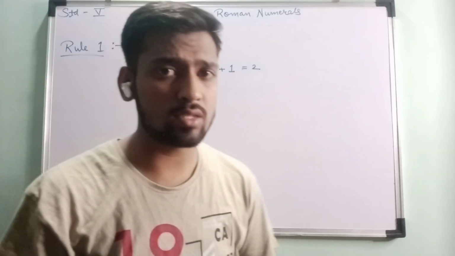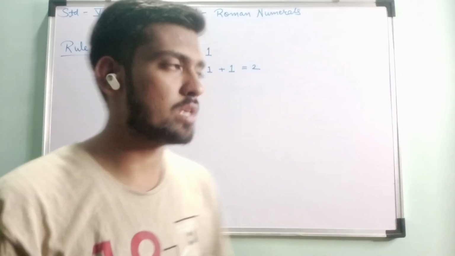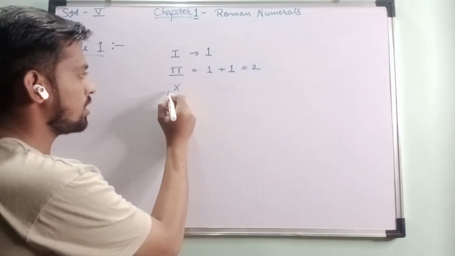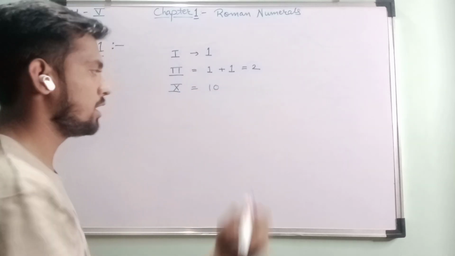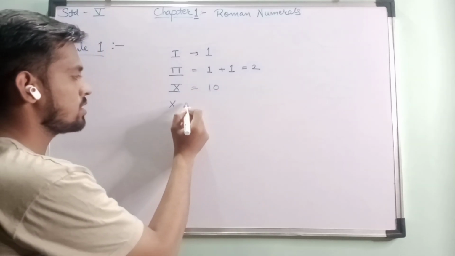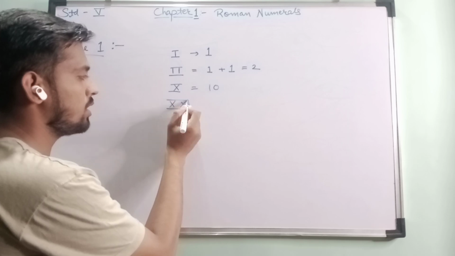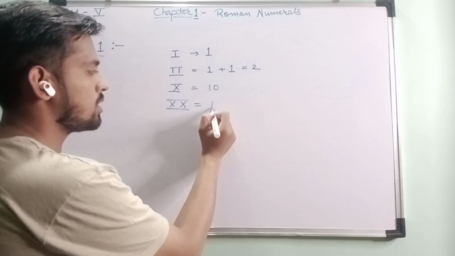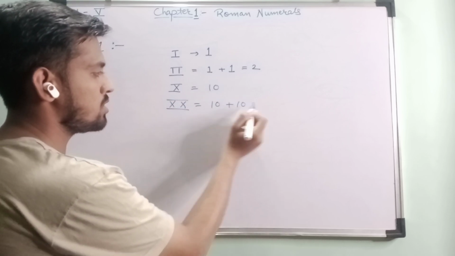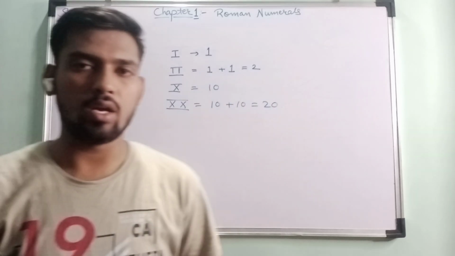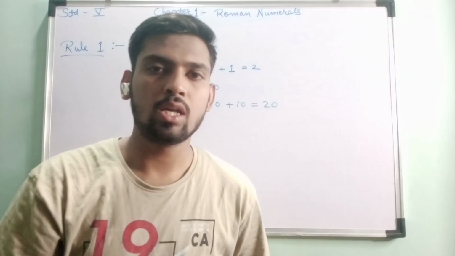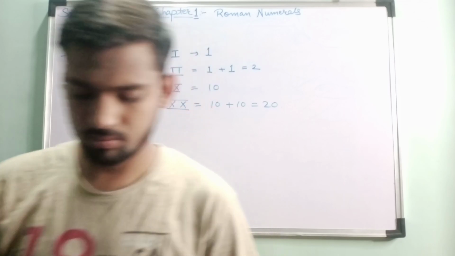Can you give me another example? Yes, of course, that is X. If I write X, it will make 10. If you write X 2 times consecutively, then it will be 10 plus 10, which equals 20.